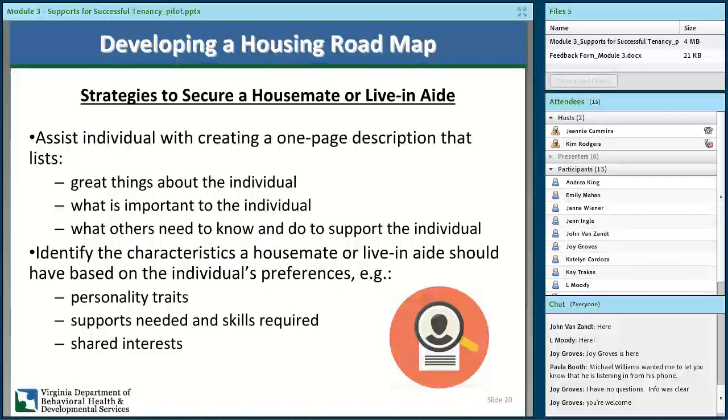A sample one-page description is available in the FAQ for Module 3. The Housing Guide can also identify characteristics a housemate or live-in aide should have. These characteristics should be based on the individual's preferences, such as ideal personality traits, the supports the individual needs, the skills required to provide these supports, and shared interests.